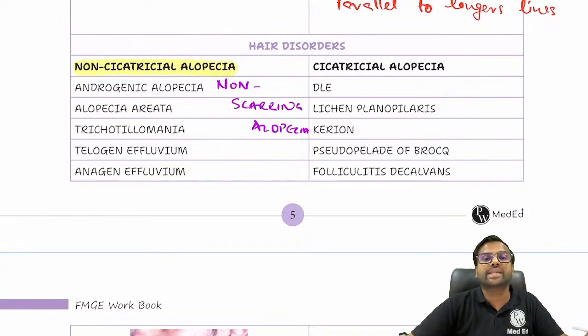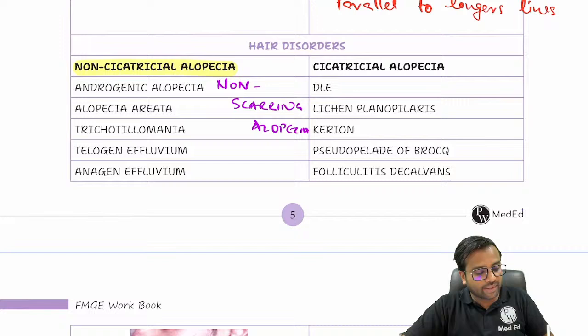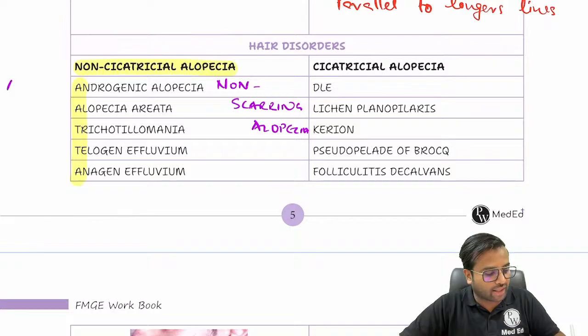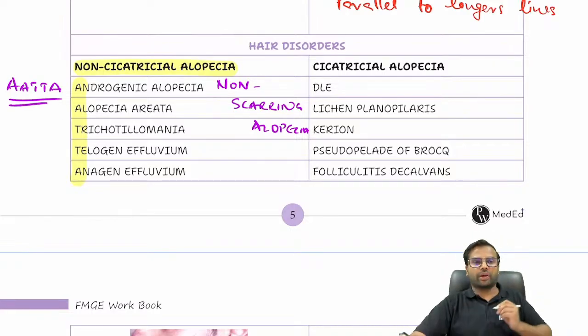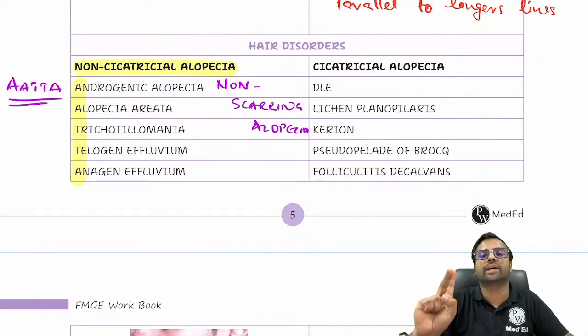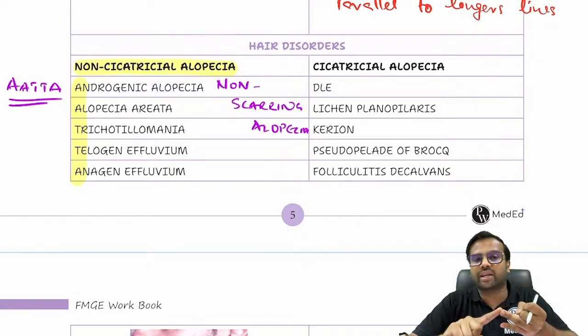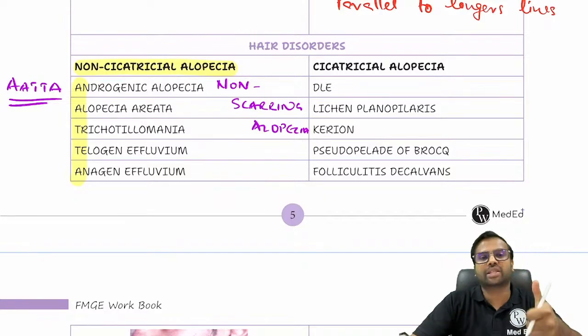So how can you easily remember? Remember that anything that starts with A or T, a mnemonic like ATA, is going to have a non-scarring alopecia. The examples are androgenic alopecia, alopecia areata, trichotillomania, telogen effluvium, and anagen effluvium.